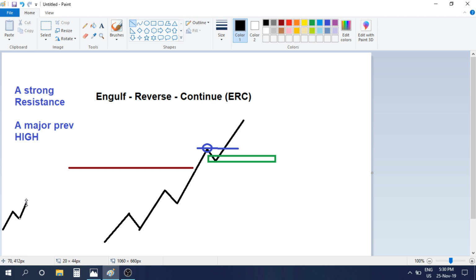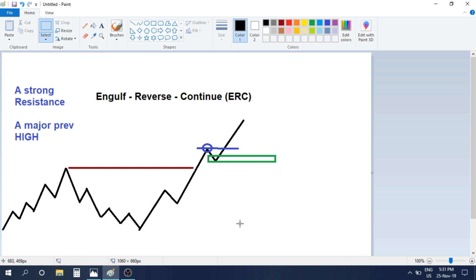This was a previous uptrend happening and price was going up, and let's say this was a major high over here. And then price started moving down, and let's say something like this happened.